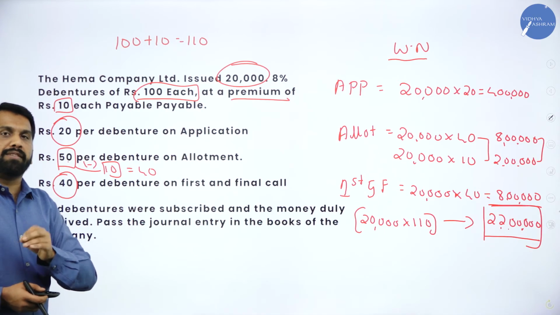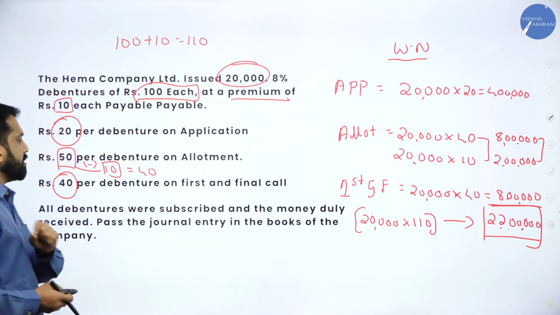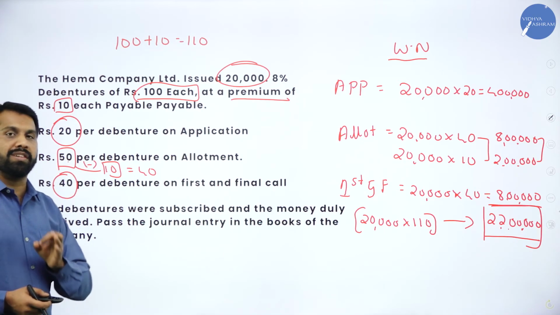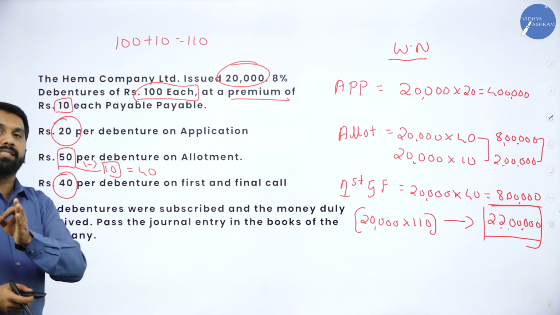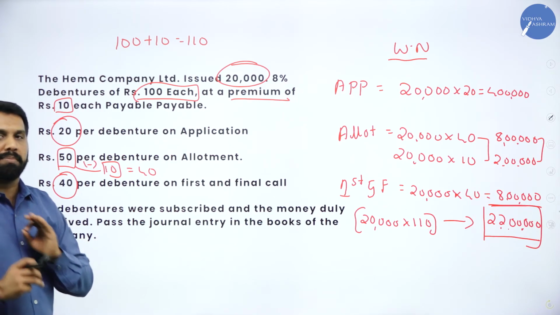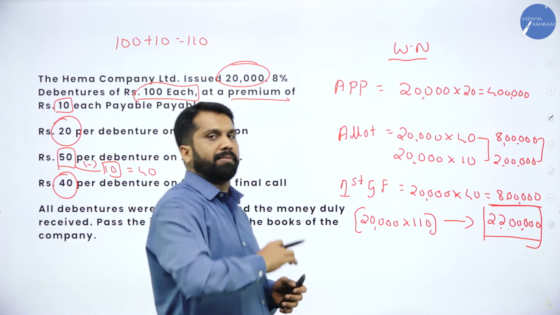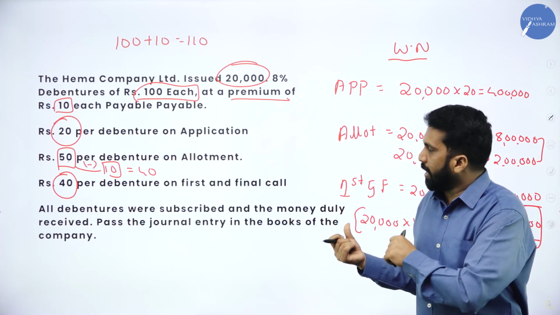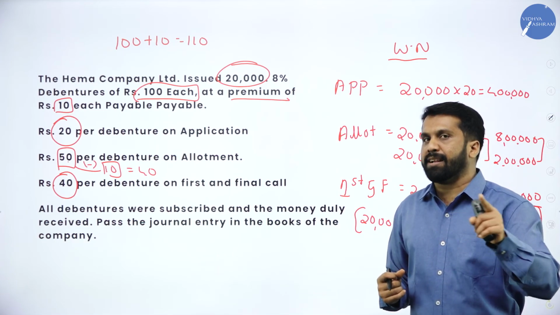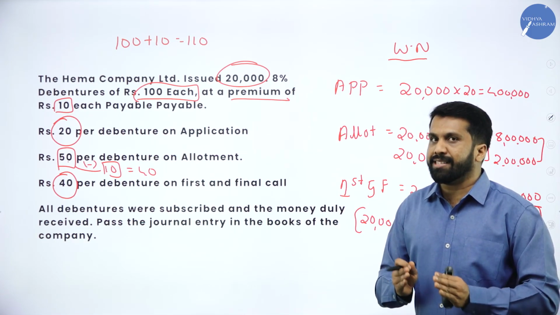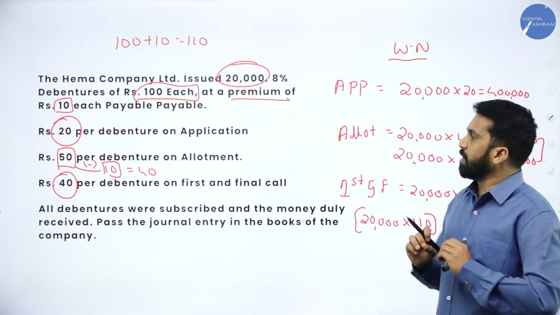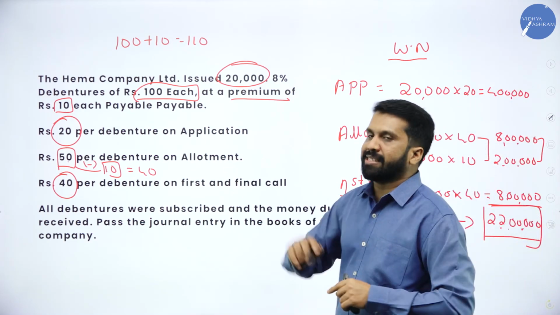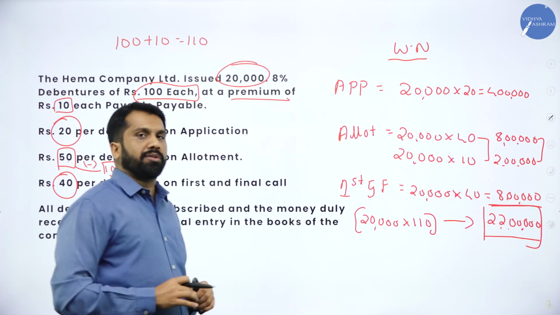Always remember, if the question they have given premium means the premium always comes with allotment unless they mention. It is not compulsory that premium always should come under allotment. It may come under application or else it may come under first and final call also. Unless they mention, we have to assume that premium is included in allotment.